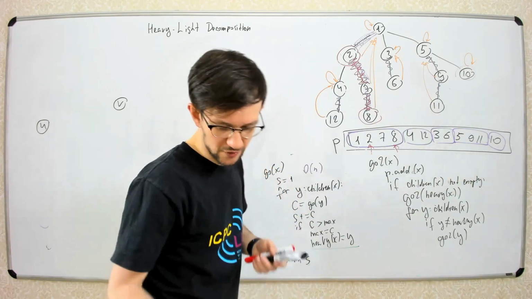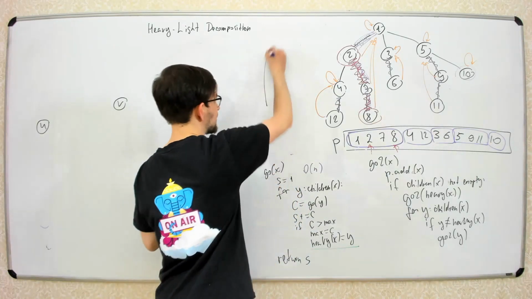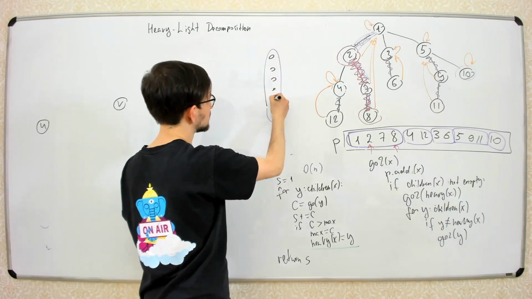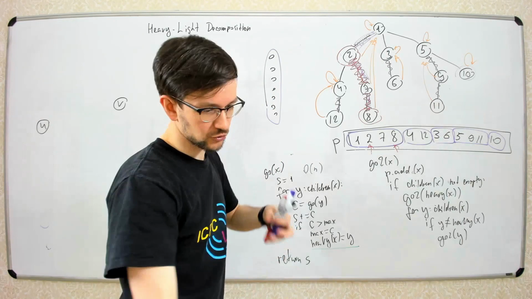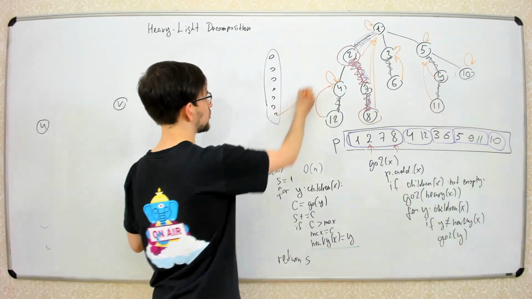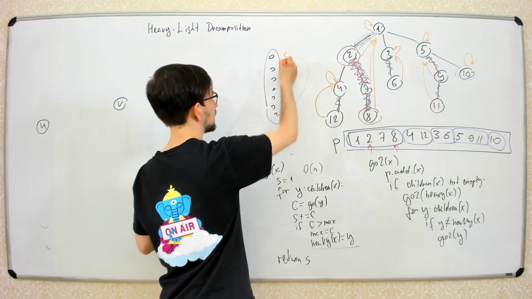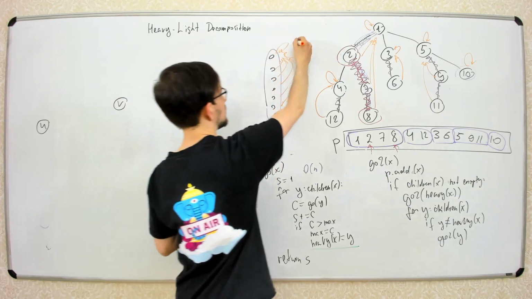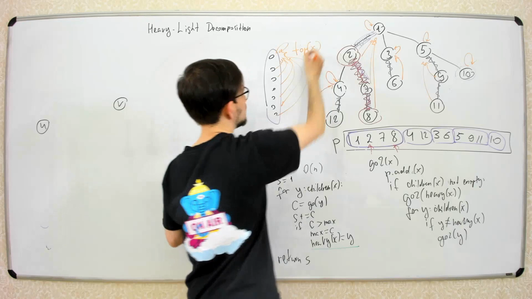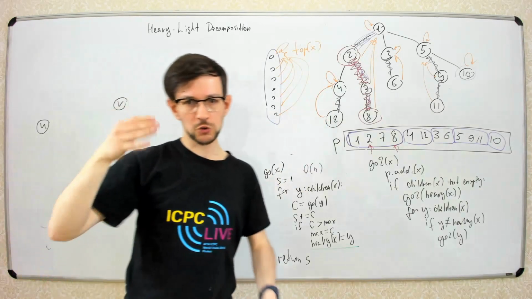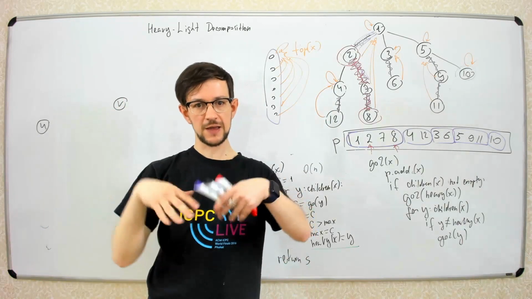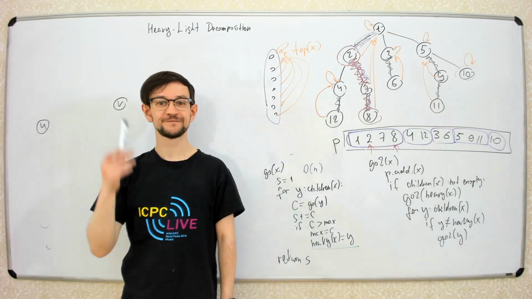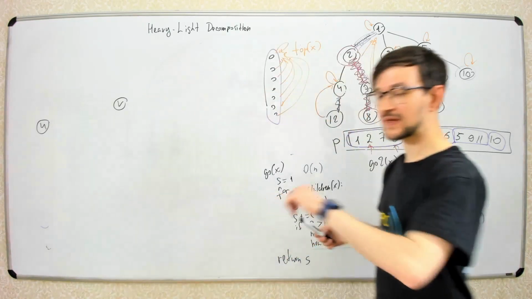So if you have some heavy path, what I want is to have a pointer to the top node of this heavy path. All nodes of the heavy path have a pointer to the top node of this heavy path, including the top node itself. So it will be top of X: top of X is the top node of the heavy path containing node X. Now, the algorithm.